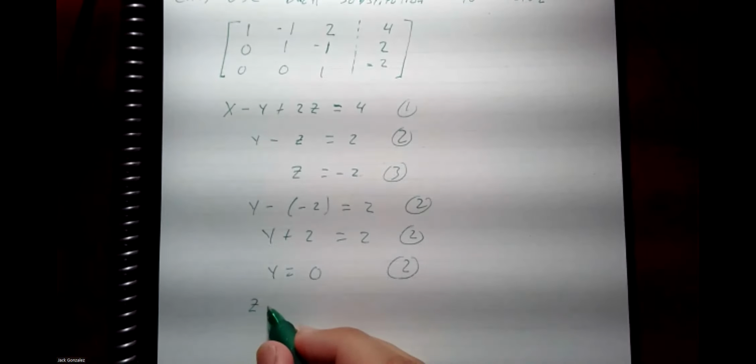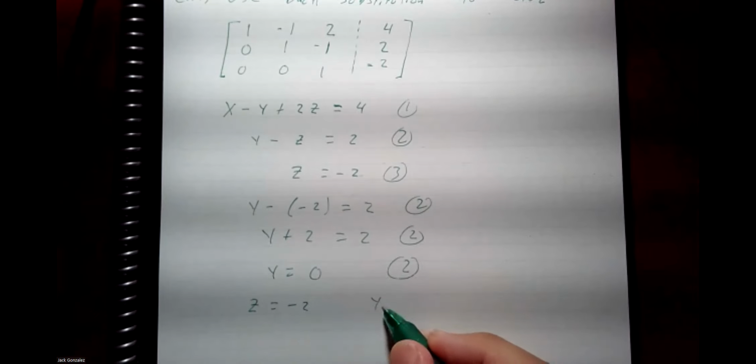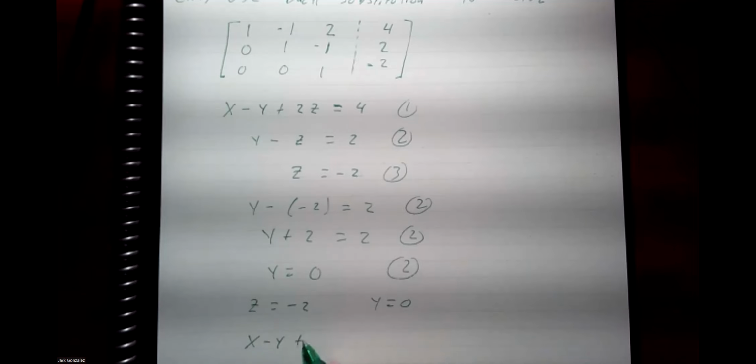So now that I know that z is -2 and y is 0, go to the first one. Plug in your 0 plus your -2.